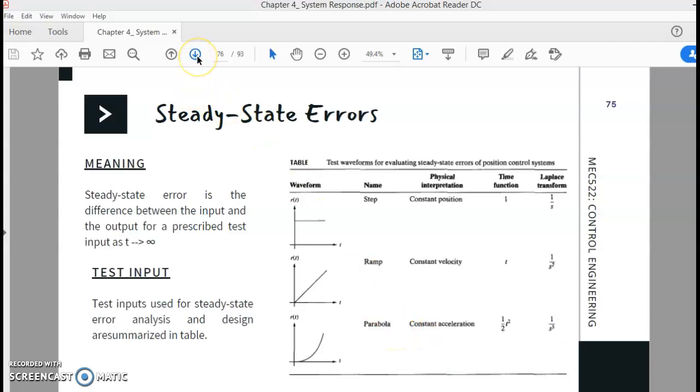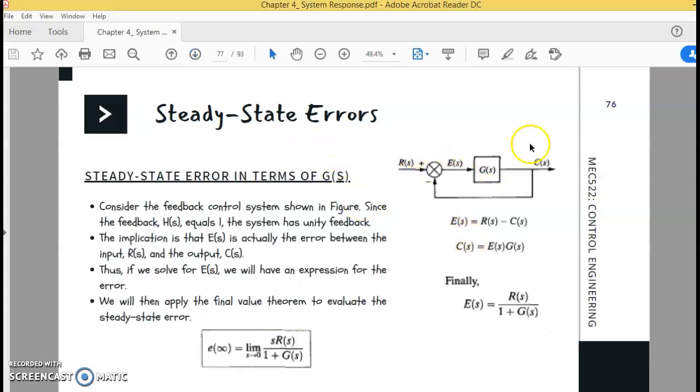So let's define the equation of steady state error. You can see here this error and this one is the steady state error. They are different, so you must remember they are different. First I will explain this equation. Here you can see E is out, and R and C are entering the summing point, so you can write E(s) equals R(s) minus C(s).